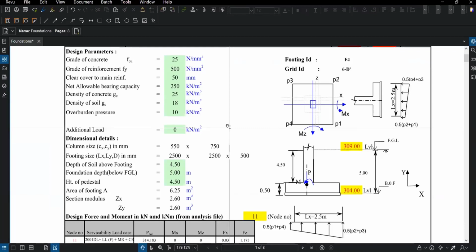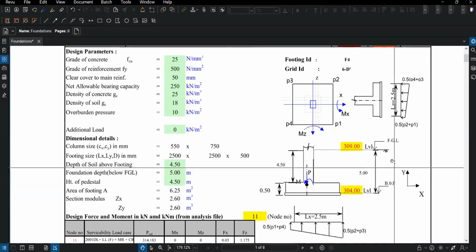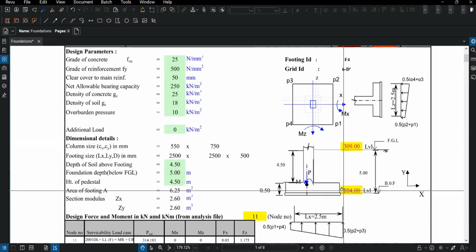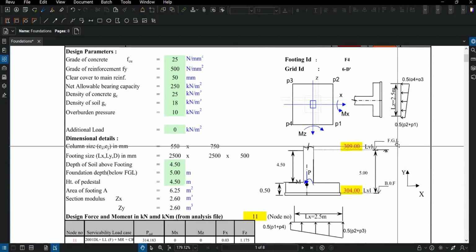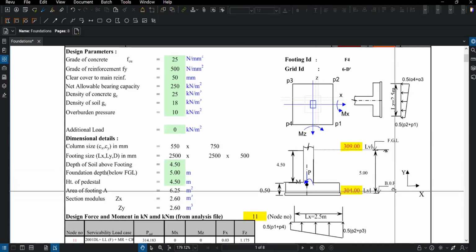The basic design parameters that I had considered earlier are grade of concrete, grade of rebar, clear cover for main reinforcement, and net allowable bearing capacity. Now, why do I call it a net allowable bearing capacity? Because if you look at the diagram on the right side where axes are mentioned, you can see there is a level called FGL, which is finished ground level, and a level called bottom of foundation, which is BOF.